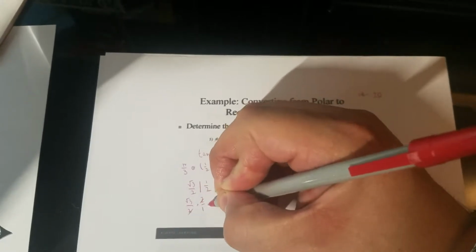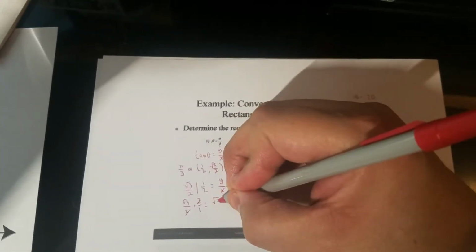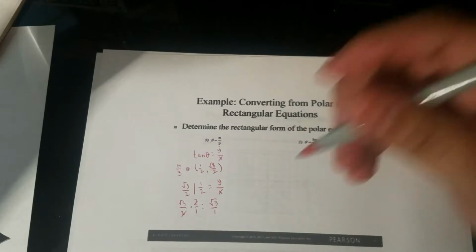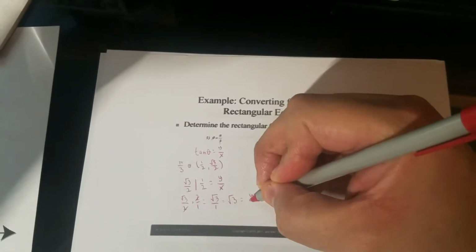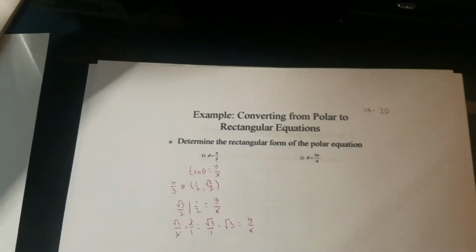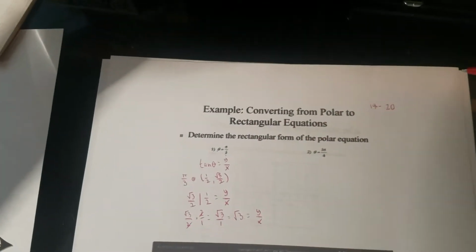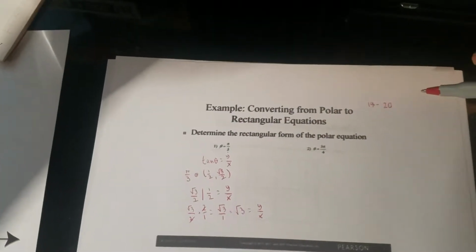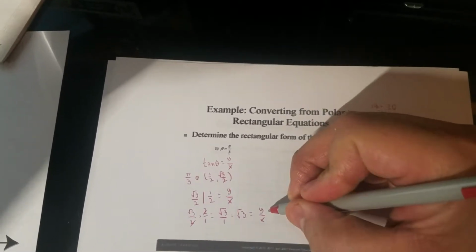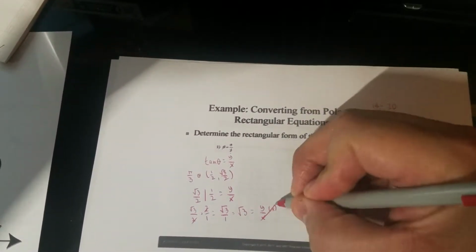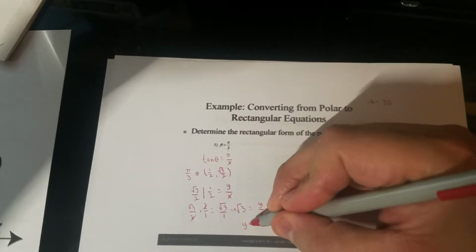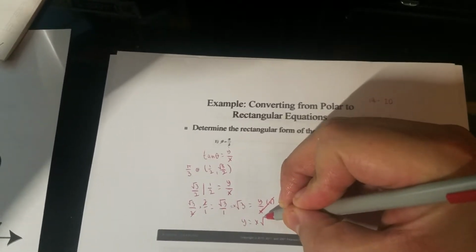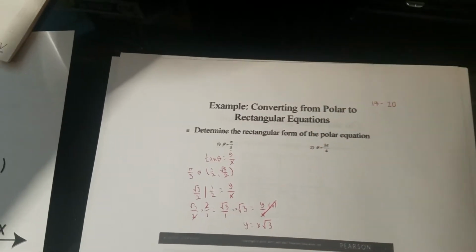These will cancel, giving square root of 3 over 1, which is just the square root of 3. This equals y over x. Remember, we're making an equation, so that's why I'm keeping the y over x. Now I want the y by itself, so I'll multiply by x, so they cancel. So y is equal to x square root of 3, and that's my answer.